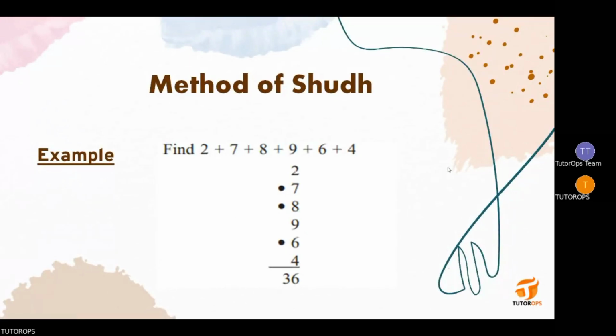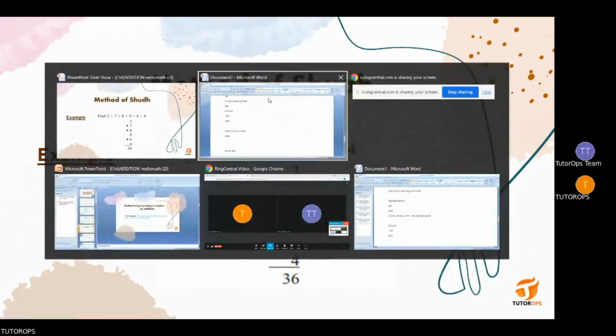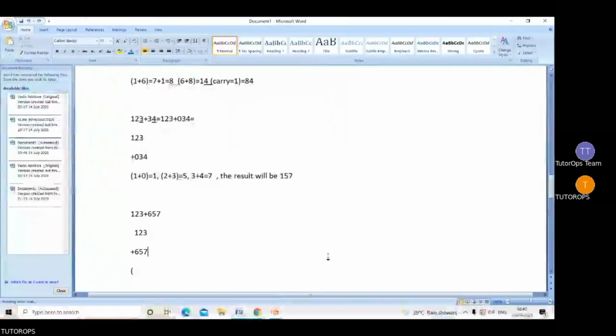Now let me explain this method with an example of 2 digits first.